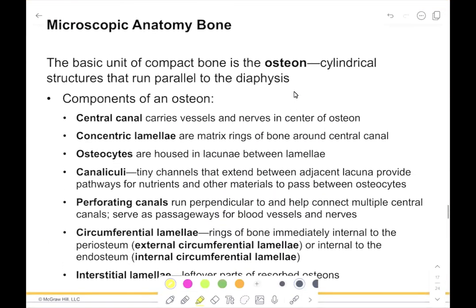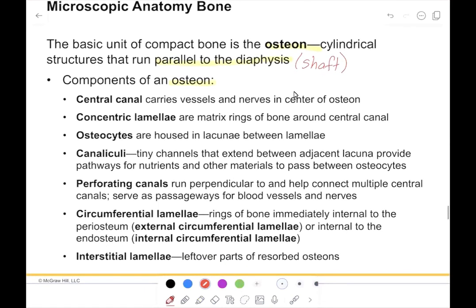Within the osteon are several important structures. These are very important cylindrical structures that run parallel to the diaphysis, which, remember, is the shaft of the long bone. Some of these structures within the osteon include a central canal, which is what carries blood vessels and nerves in the center of the osteon.